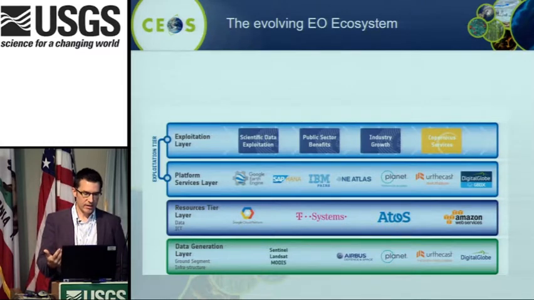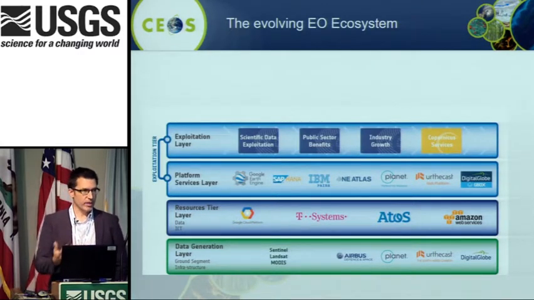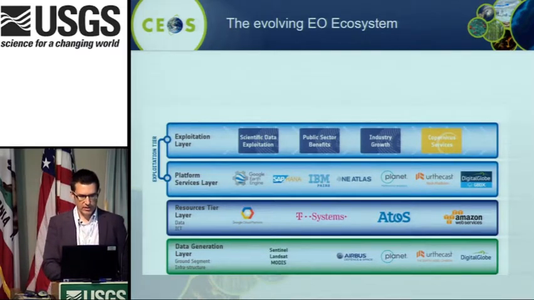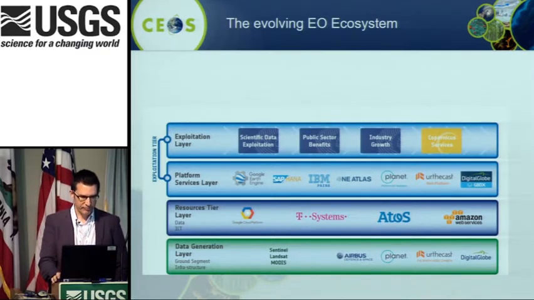What we've seen is new entrants into this area. So a layer which we call the resource layer. So that's infrastructure. So people like Amazon, Google, and some others. And also, sitting on top of that infrastructure, we have people that are offering platform services or platforms and different services layers, and there we can see many of the people that we have around the table today.